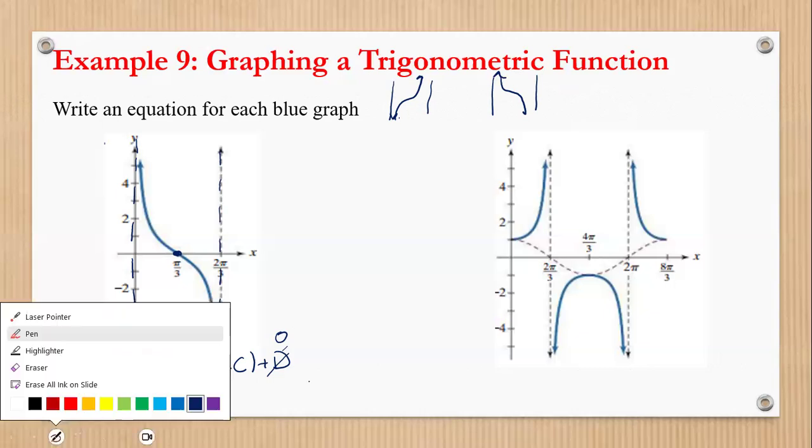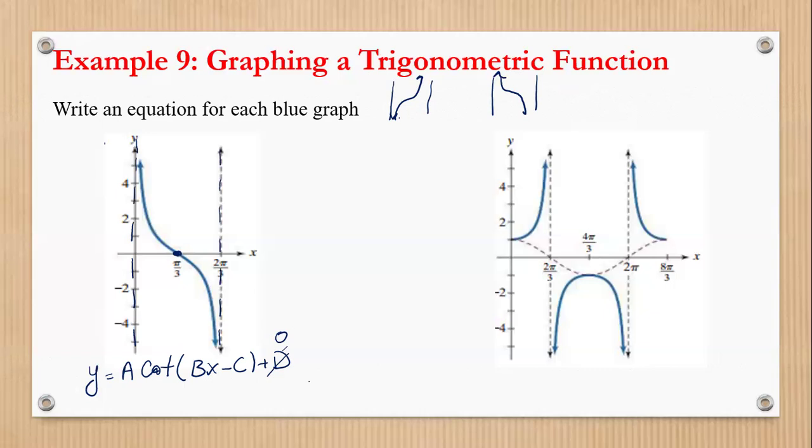So that means the period of this function is 2 pi over 3. And you know that the period of the cotangent function can always be found by the formula pi over b, which means the 2 pi over 3, which is one period of the function, must be equal to pi over b. That helps me to find the b.